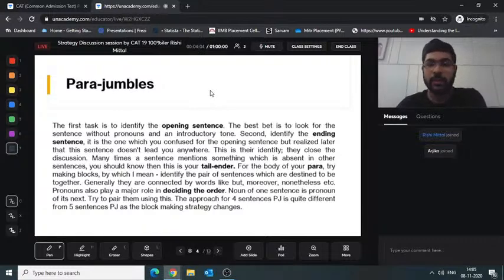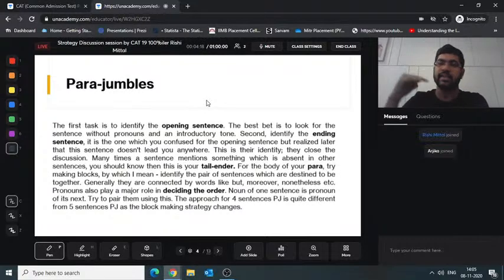Also, pronouns play a major role, right? When you read sentences, you will find that some pronouns are being introduced in the second or third sentence. That will help you see the flow of which sentence comes where and plays a major role in deciding the order. Even after making the pairs, sometimes you don't know which pair will come first or second or third for that matter.